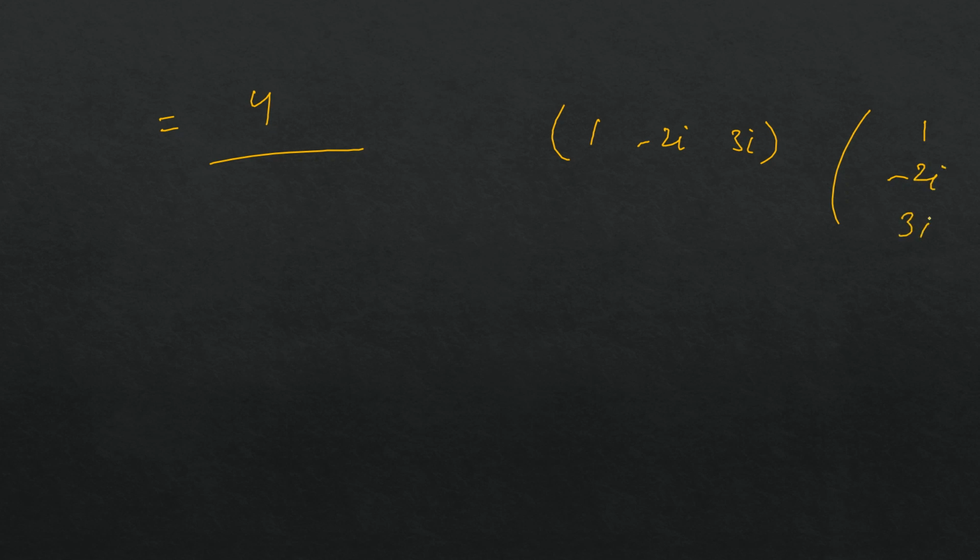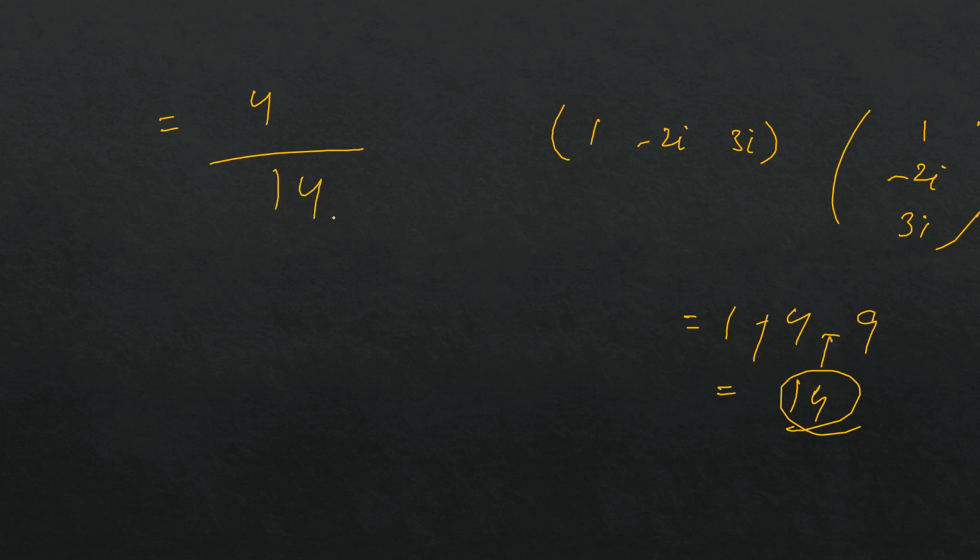So minus 2i whole square is 4, divided by (1, minus 2i, 3i).